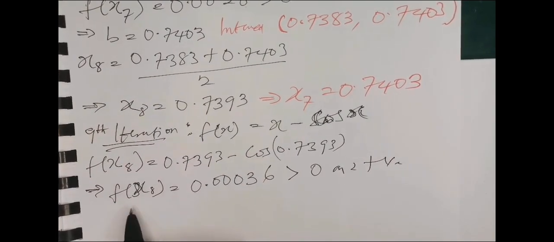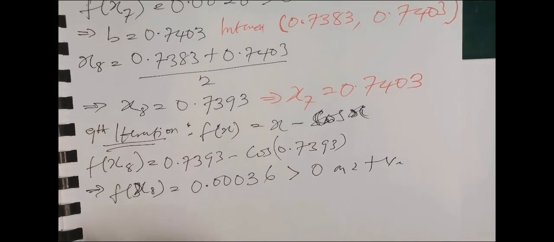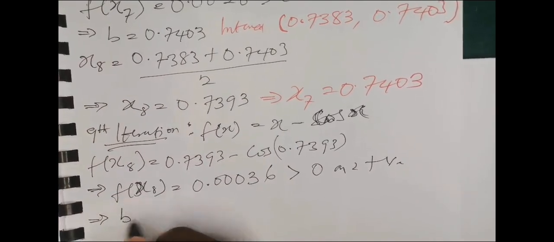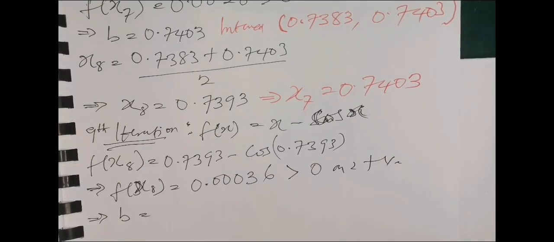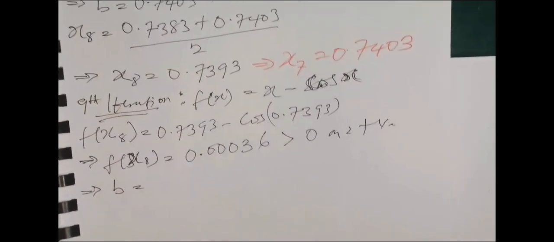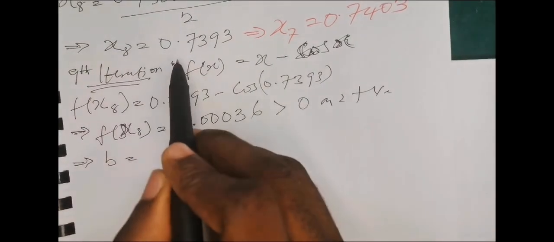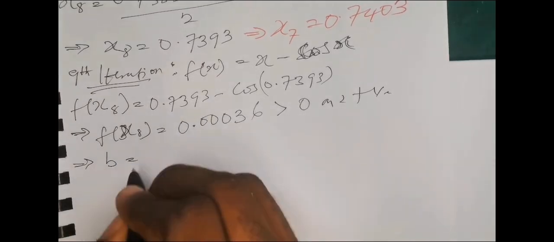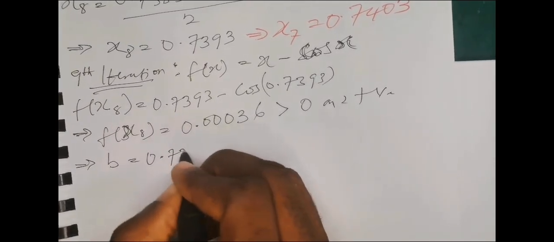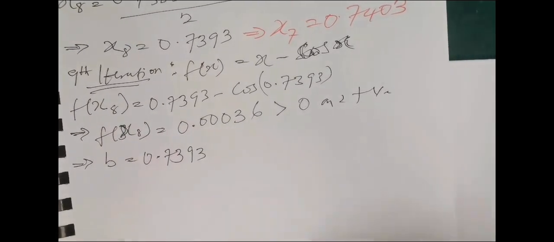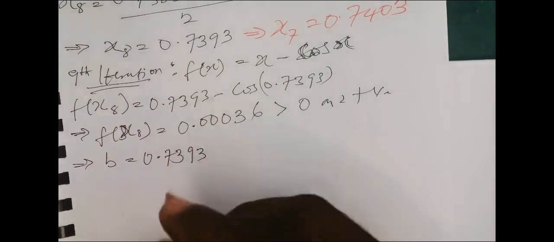So b is going to now be equal to s8, and we had s8 to be 0.7393, so b is equal to 0.7393. So we formed a new interval.